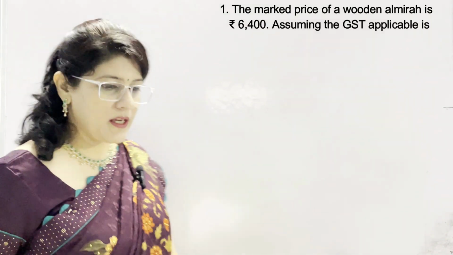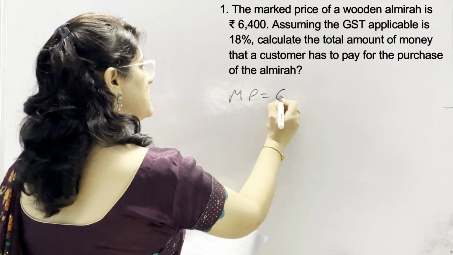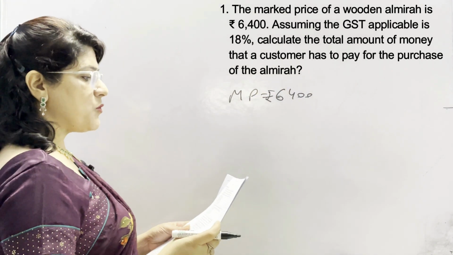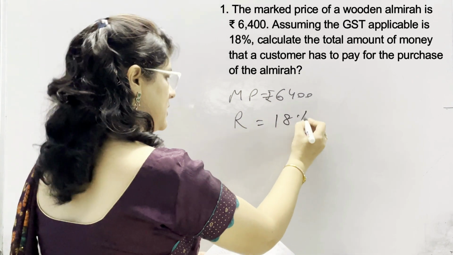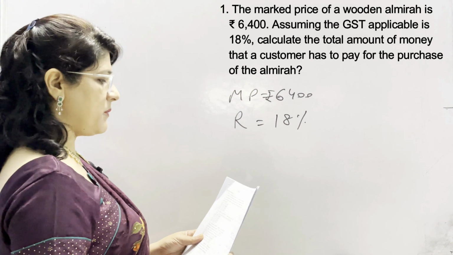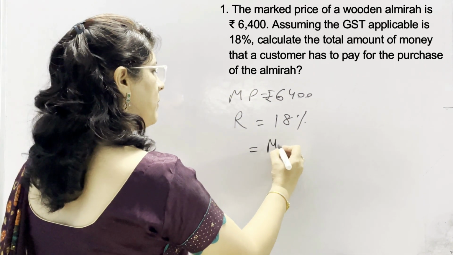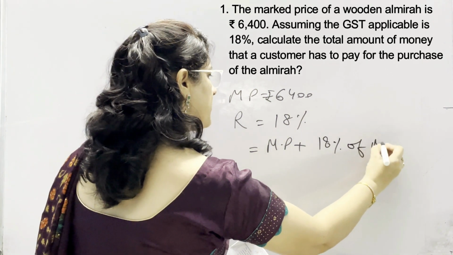Coming to the first question, the marked price of a wooden almirah is rupees 6400. So MP given is 6400 rupees. And assuming the GST applicable is 18%, calculate the total amount of money that a customer has to pay for the purchase of the almirah. We know the formula: marked price plus 18% of marked price.